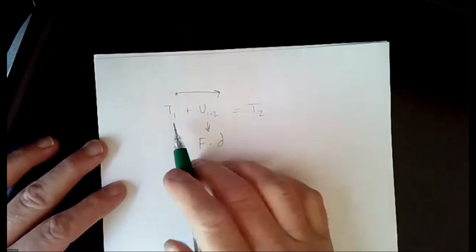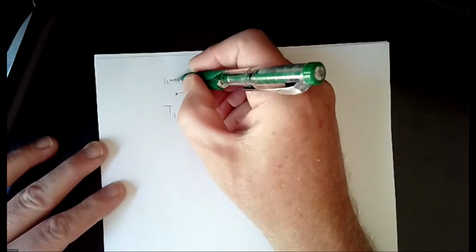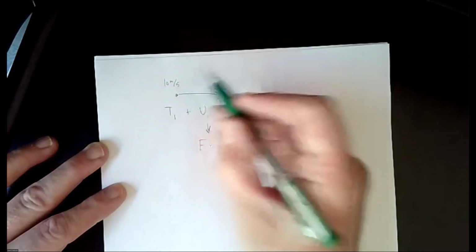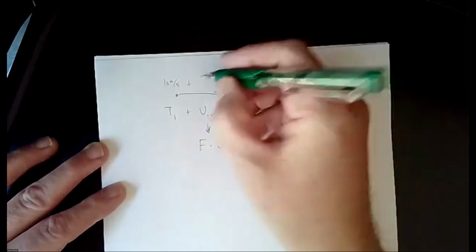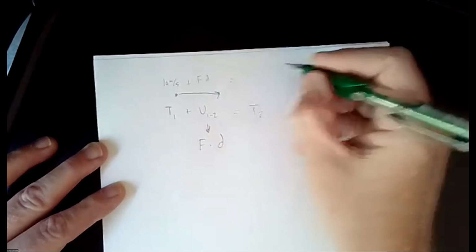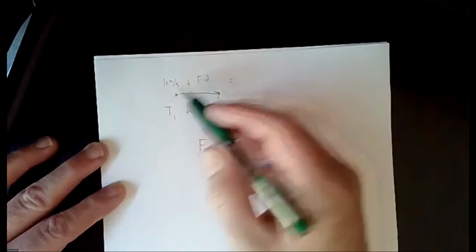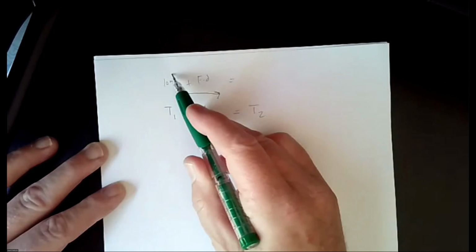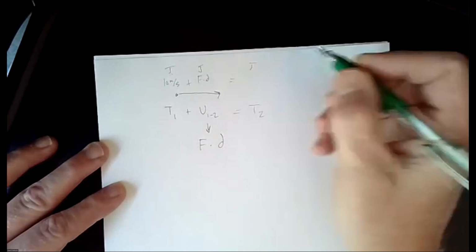We had some simple examples where we'd have, say, a car moving at 10 meters per second. So it had an initial kinetic energy, and then we'd apply some force over distance, and that would then allow us to find its final. That's a simple example, but we have kinetic energy in joules, force times distance is also joules, and we get our final answer in joules.